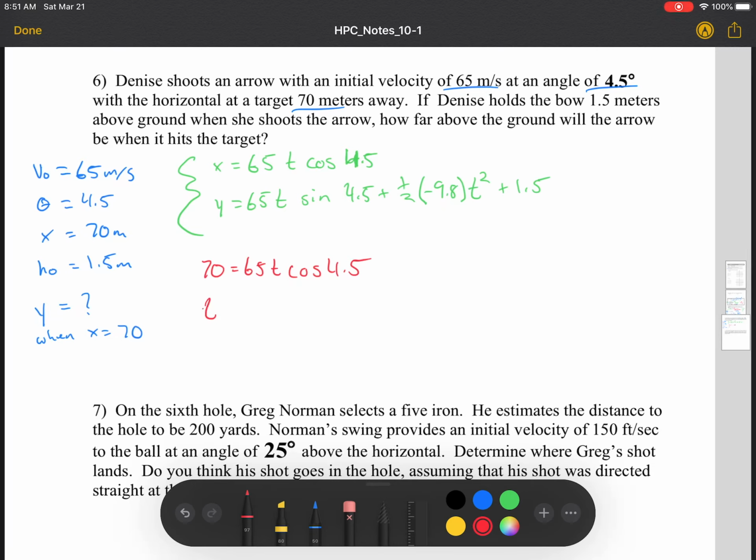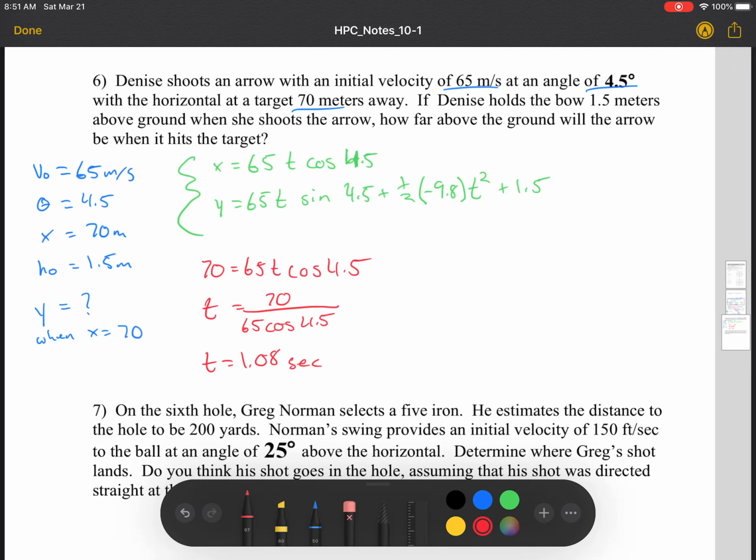If you do this real quick, you should get t equals 70 over 65 cosine 4.5, and you should get t equals 1.08 seconds. So we know it only takes 1.08 seconds for this arrow to travel to the target.